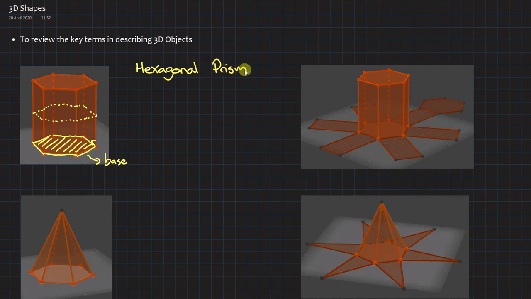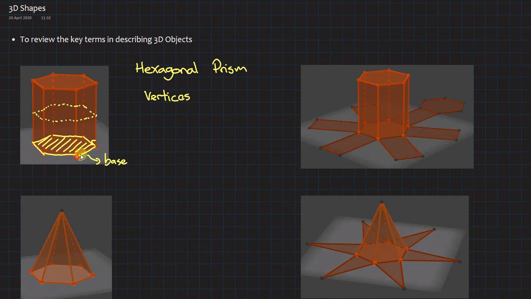And it's got various properties. The first one is we can count the corners. Corners all have a special name. In 3D objects we call them vertices. A vertex is a point in three-dimensional space. How many vertices are there? Well, a lot of people let themselves get confused with it. Let's start at the base.